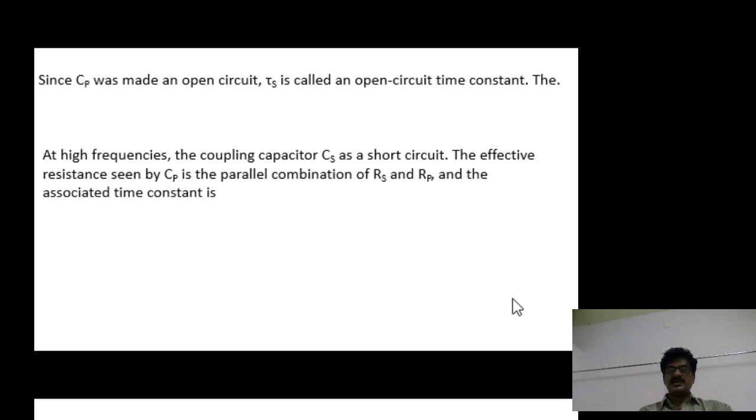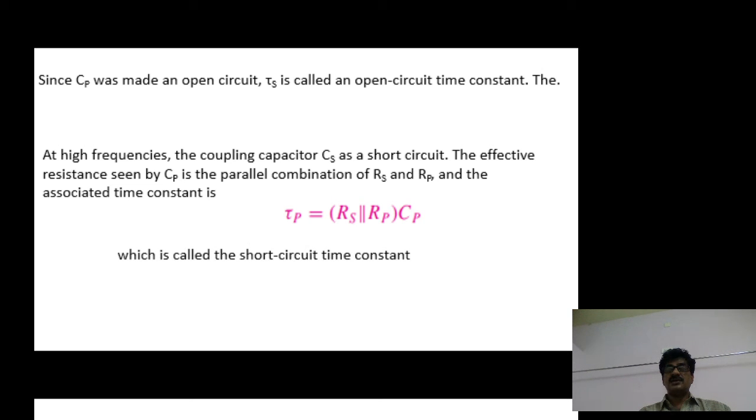Therefore, the time constant associated with this network is tau p equal to (Rs parallel Rp) into Cp. This is called the short circuit time constant, whereas the previous one is referred to as the open circuit time constant.